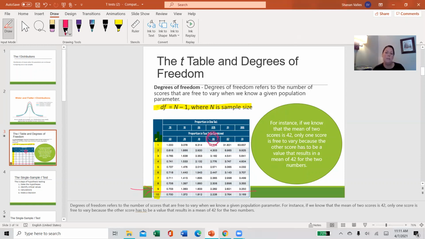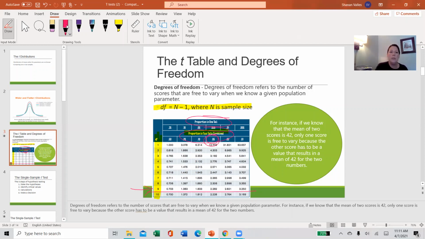Okay, so we set our alpha at 0.05, and it's more conservative to do a two-tailed test. Compared to, as you can see up here, this is a one-tailed and this one is a two-tailed. Okay, and we usually go with 0.05.